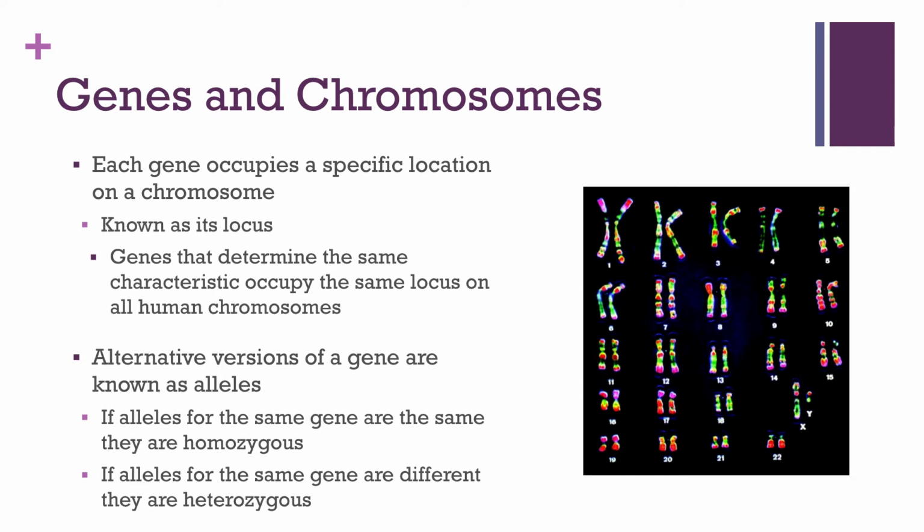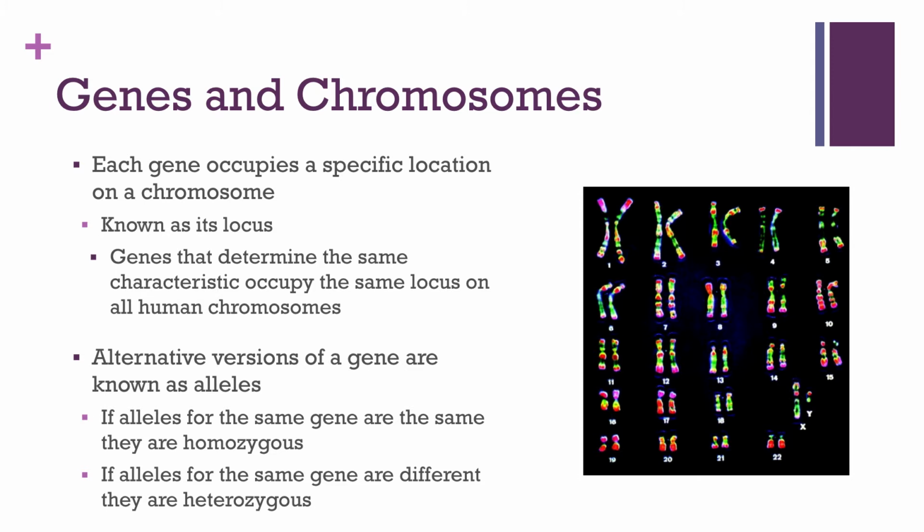If there are two dominant alleles present, they're considered homozygous dominant. If there are two recessive alleles present, then they're considered homozygous recessive. And then if there is a different allele for the same gene, for instance, if one is dominant and one is recessive, in the combination, then they're considered to be heterozygous.